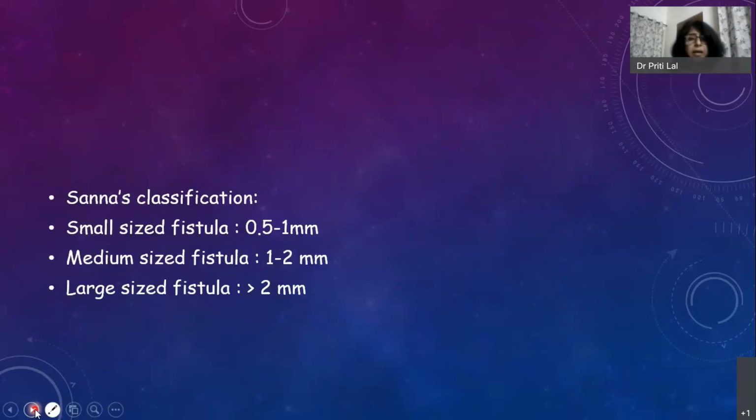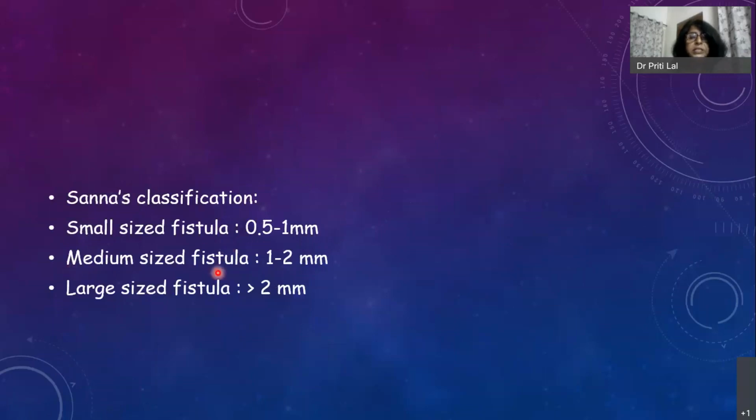There are various classification systems to classify these fistulas, but a very easy and commonly used one is the Sanna classification, where we classify these fistulas on the basis of the size as determined from the HRCT temporal bones. So a fistula of the size of 0.5 to 1 mm is classified as a small sized fistula.